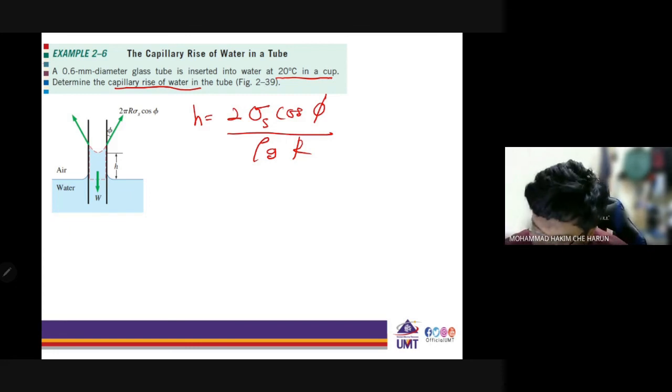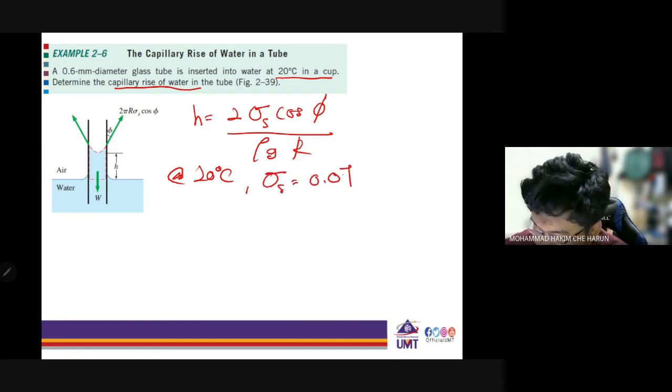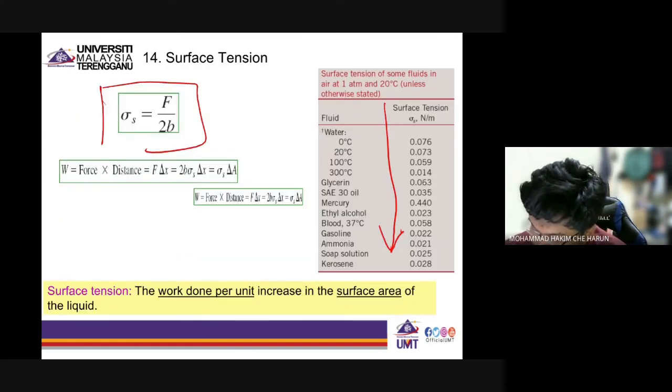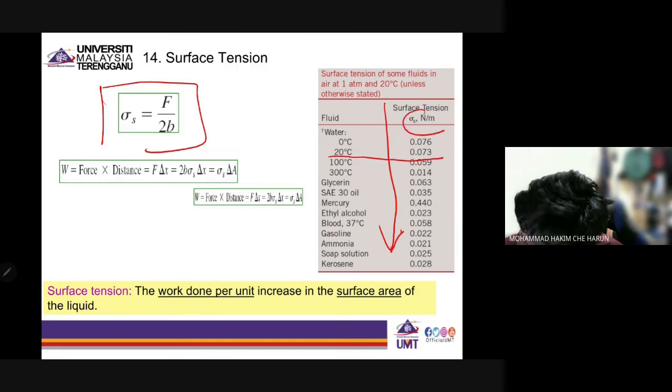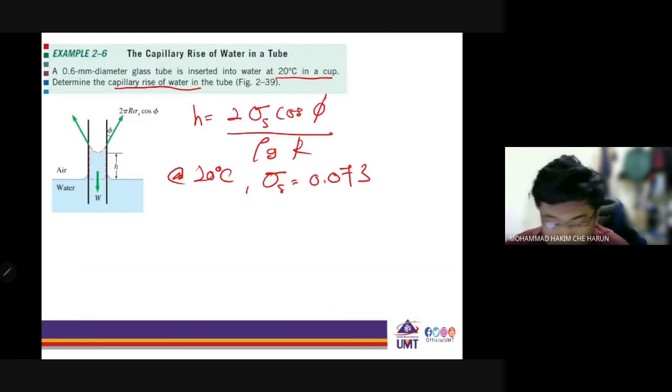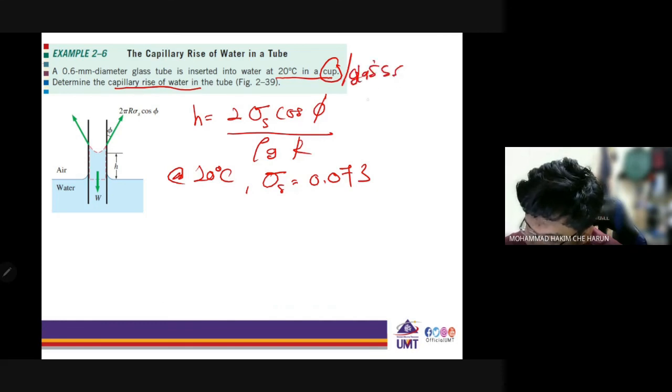Okay, so it's given at 20 degrees Celsius, and the tau s is 0.073. Okay, at 20 C, the tau s is 0.073. One piece of information is that if we're using a cup or glass, you can consider theta equal to 0 degrees.